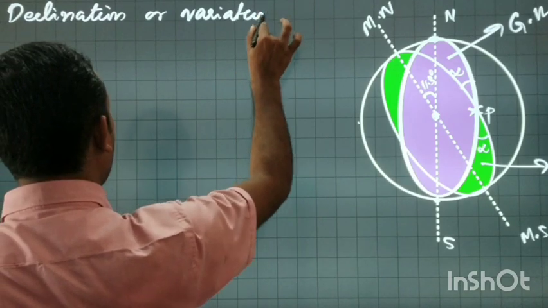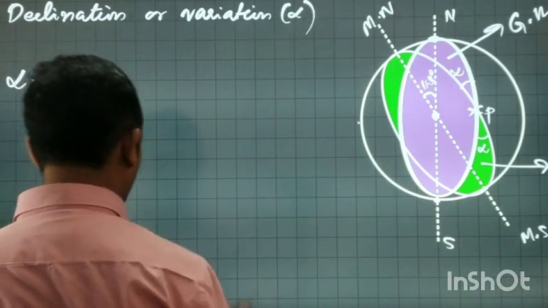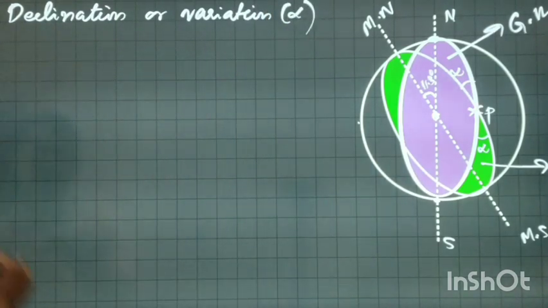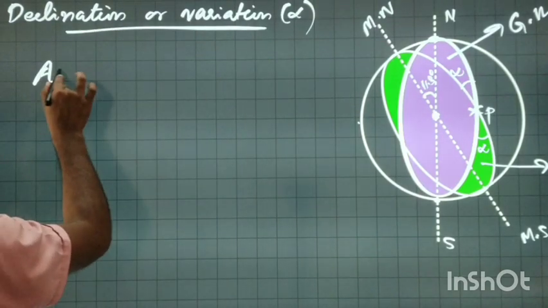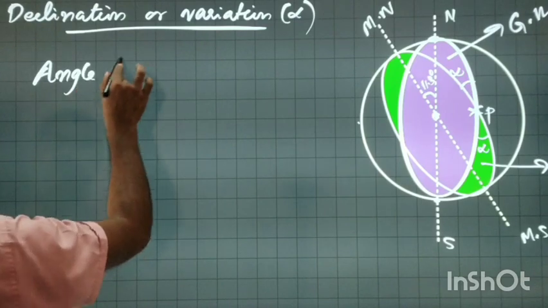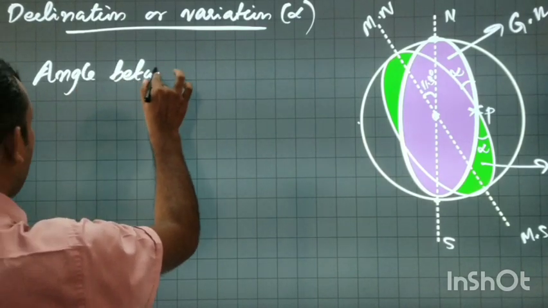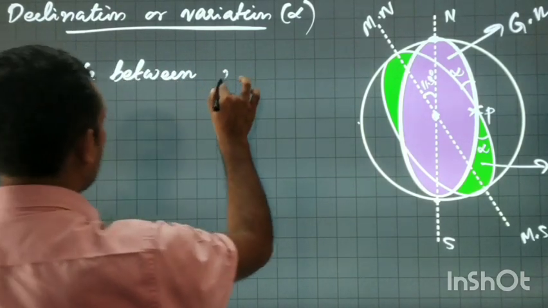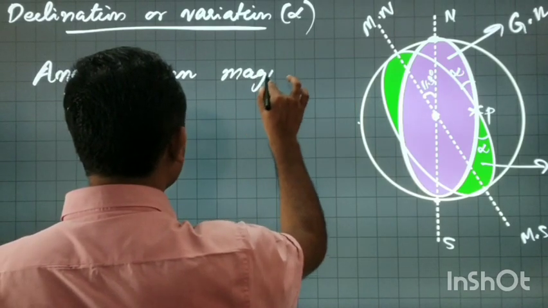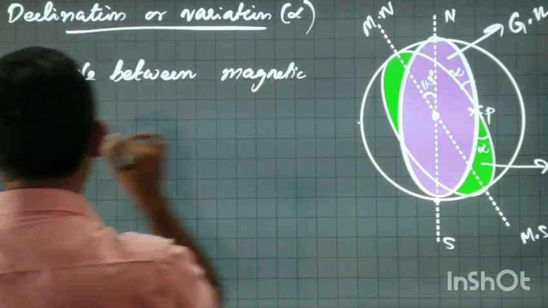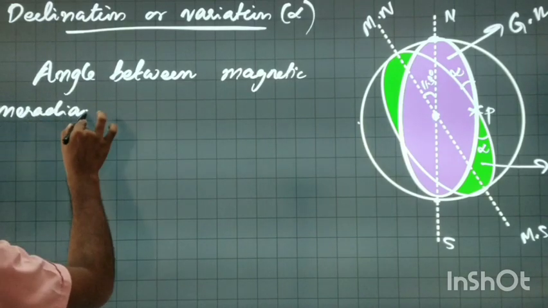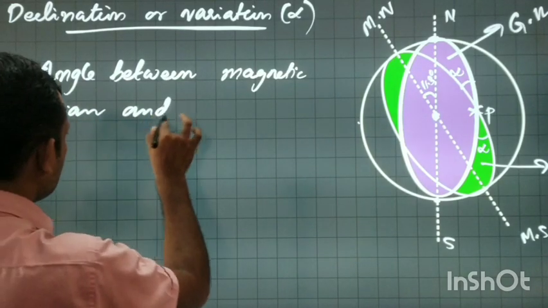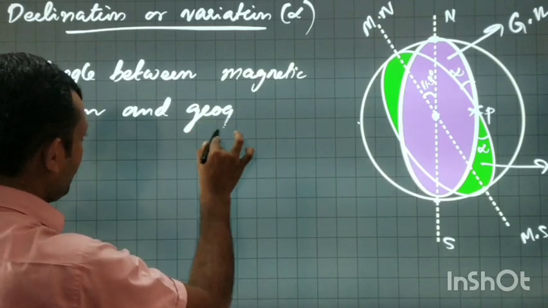The angle alpha is called declination or variation, and we can define angle alpha as the angle between the magnetic meridian and the geographic meridian.